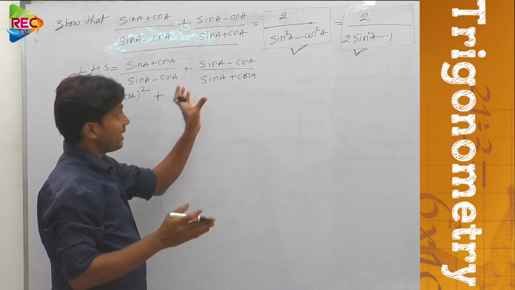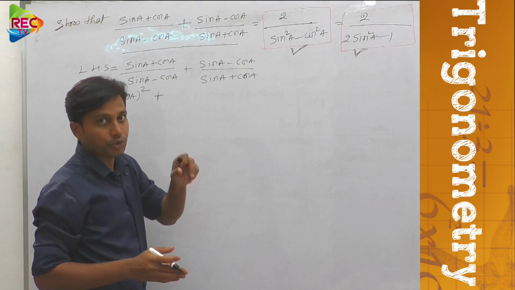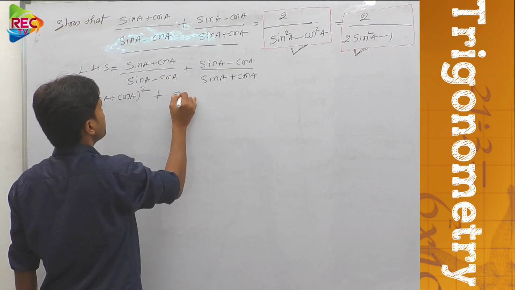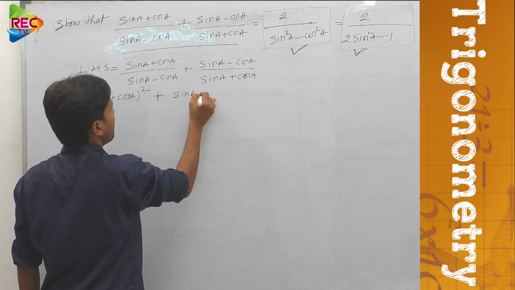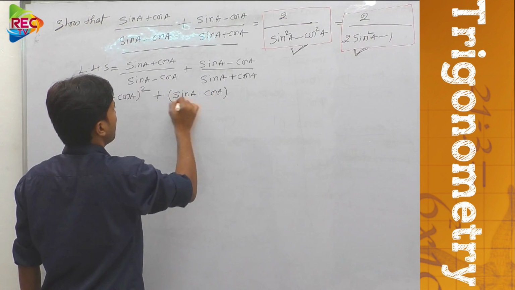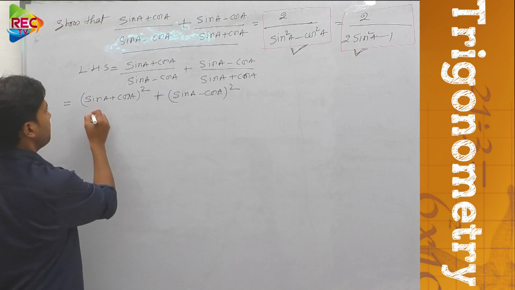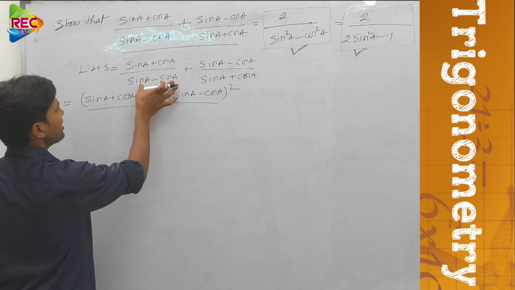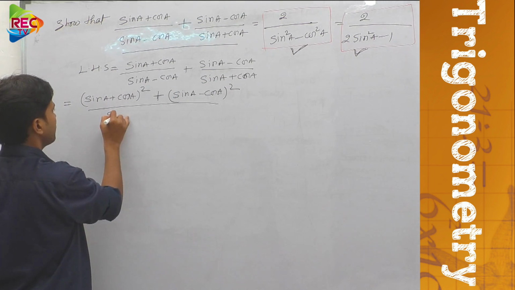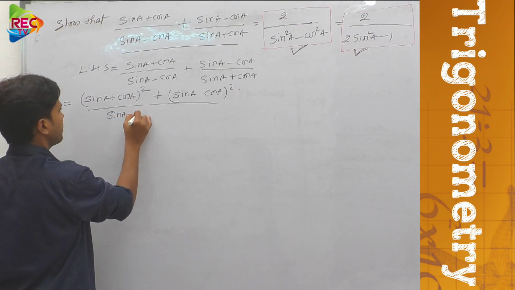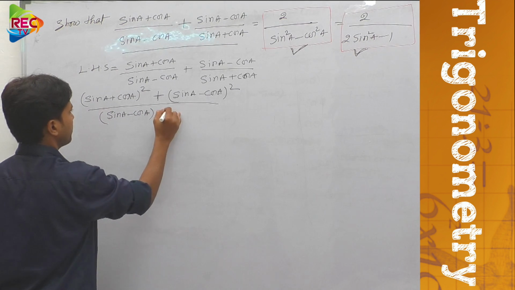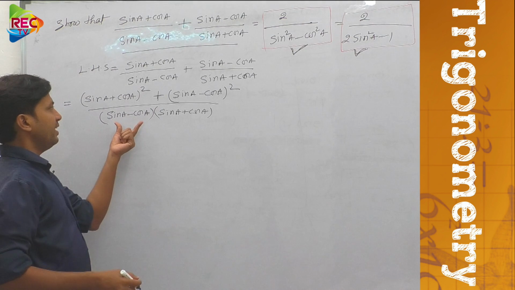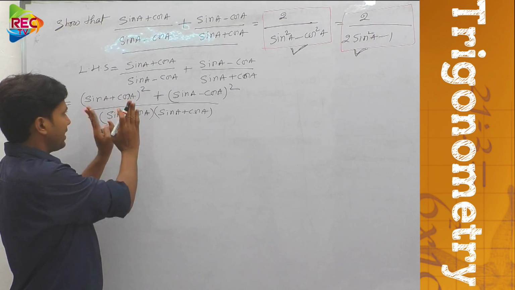Two times means sin A minus cos A into sin A minus cos A, not with the 2. So it also will be squared, by (sin A minus cos A) into (sin A plus cos A).